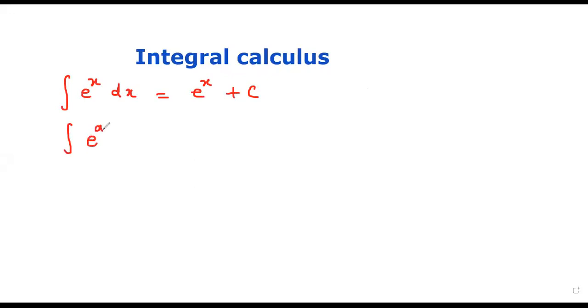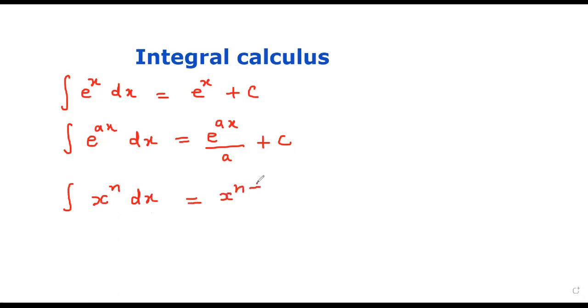Integration of e power ax dx becomes e power ax upon a plus c. Integration of x power n dx equals x power n plus 1 divided by n plus 1 plus c. Here n cannot be minus 1.